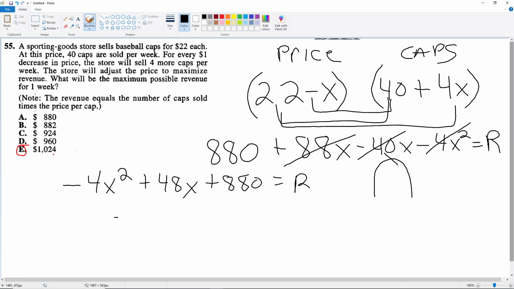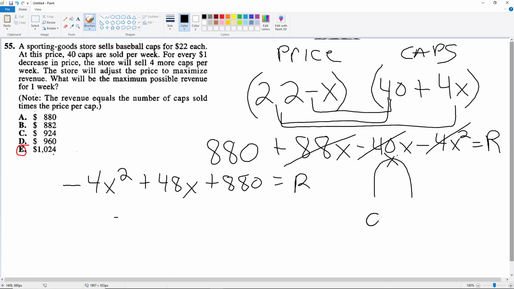So at some point, there's going to be a maximum revenue. The more we decrease the price, we keep adding 4 caps. But eventually, if we decrease the price by $22, the price is 0, and then we're making no money. There's no revenue. So eventually, it might go up, and then it's going to start going down until it reaches 0 again. So how do we find that vertex of this upside down parabola?